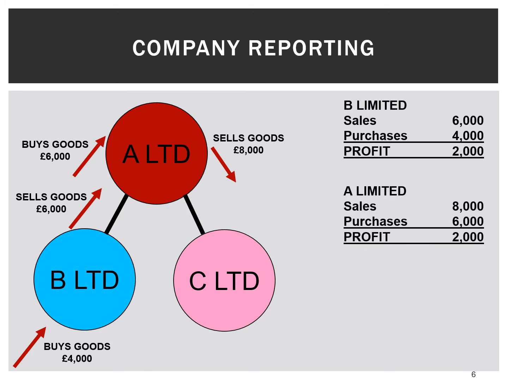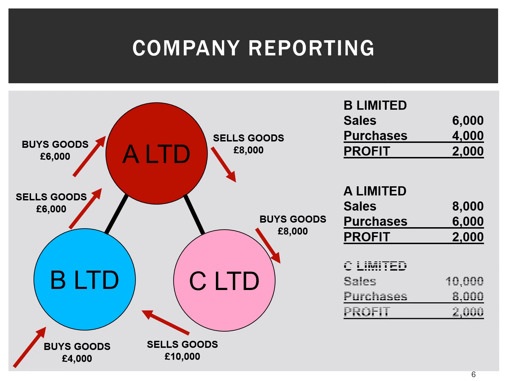And so A Limited is now in its own financial statements also showing a profit of £2,000. C Limited purchases the goods from A Limited for £8,000, and then maybe it sells them back to B Limited for £10,000. And so in C Limited's financial statements, will be showing a profit of £2,000, and at the end of the year B Limited will be showing in its statement of financial position year-end stock of £10,000.